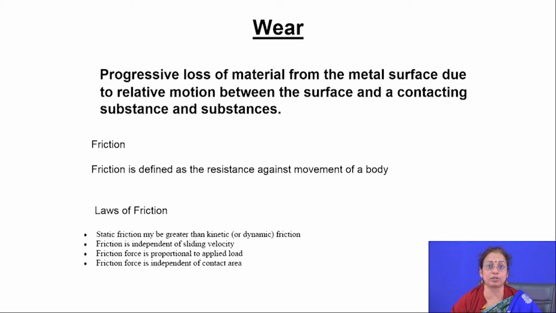In wear, there is always a relative motion between the two surfaces, but in other modes like compressive failure, both components are static in nature. As a result, when a component fails by compressive loading, the failure occurs very quickly, but wear failure occurs in a much slower fashion. It is progressive in nature and it is very much controllable.